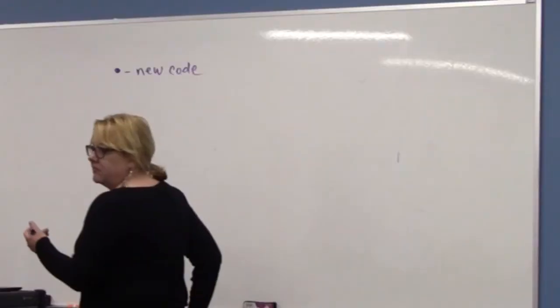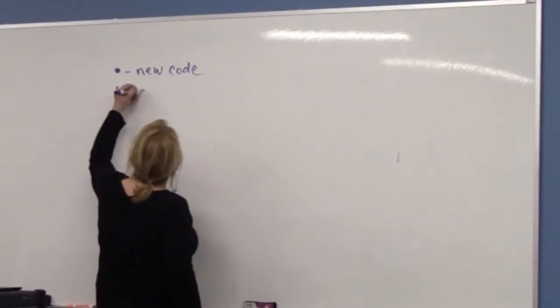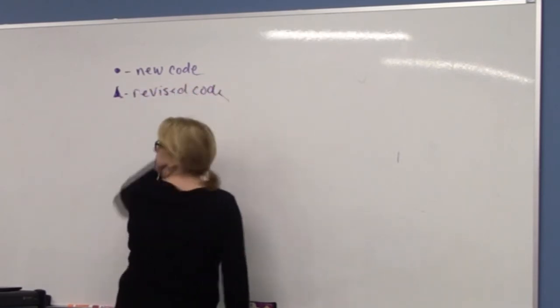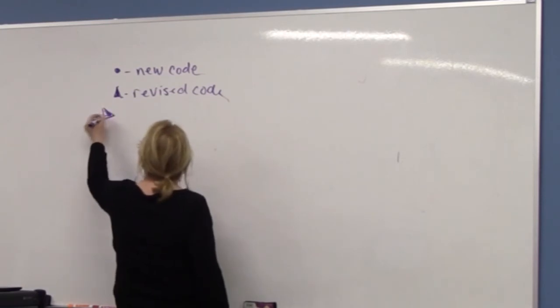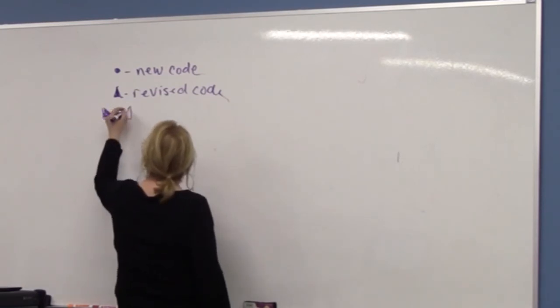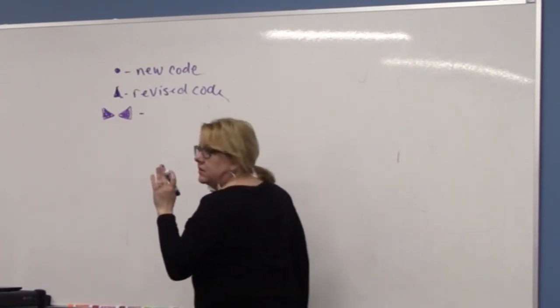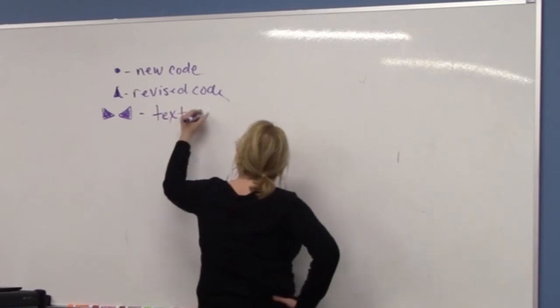Okay. A triangle is a revised code. Horizontal triangles indicate the text changes in a revised code, and I'll show you what I mean.